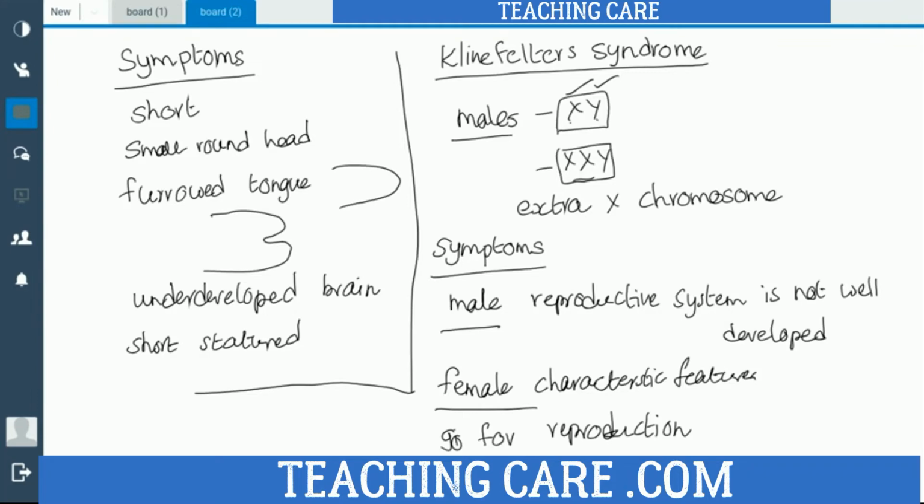Remember, in Klinefelter syndrome, one extra X chromosome is present. It is specifically seen in males.